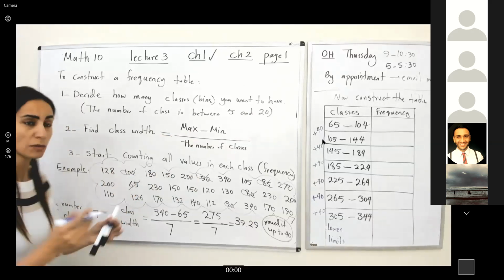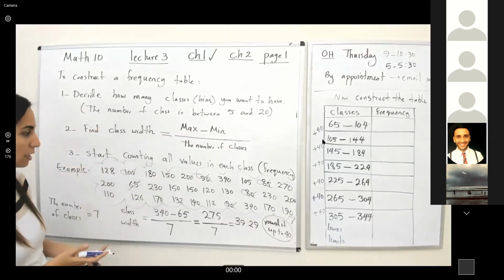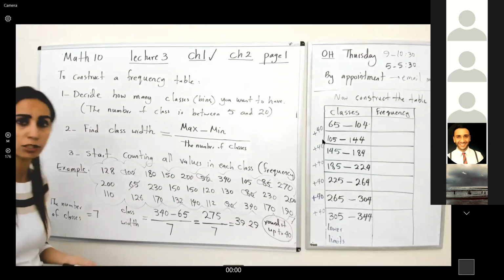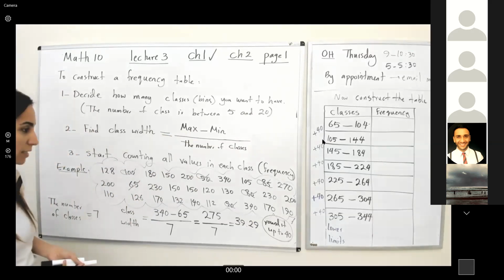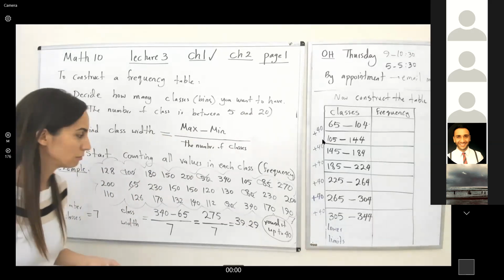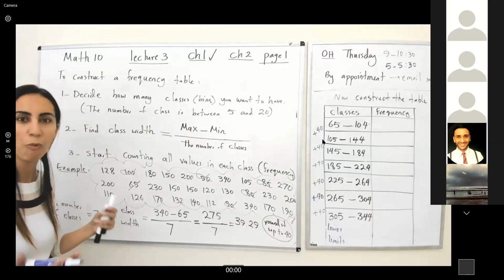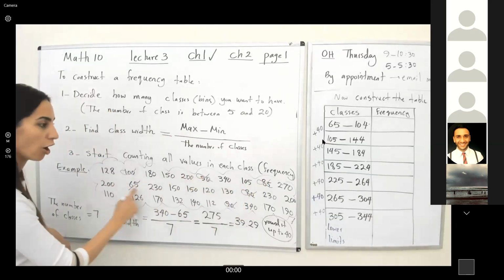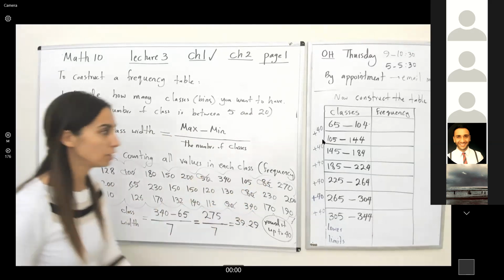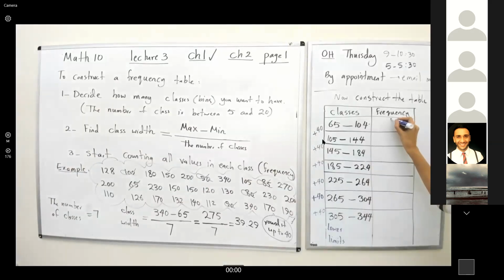Yes. 101? No. 102? No. 103? I don't see any. 104? I don't see any. So how many do I have? 1, 2, 3, 4, 5, and 6. So the frequency of the first class is 6.